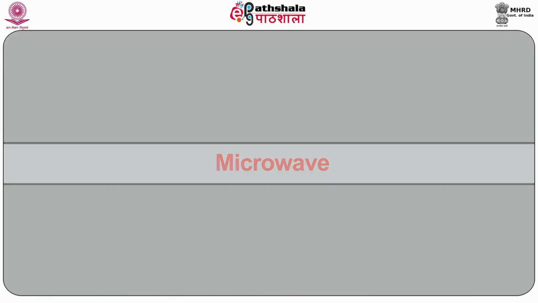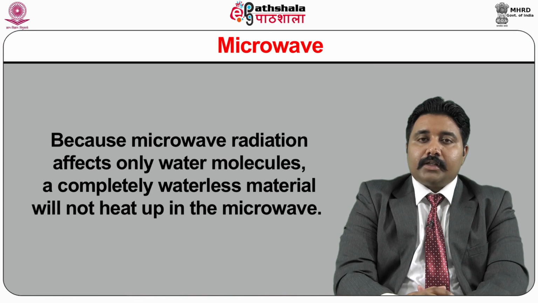Microwave: in microwave cooking, the radiation generated by the oven penetrates part way into the food where it agitates the molecules of water. The friction caused by this agitation creates intense heat which cooks the food, because microwave radiation affects only water molecules.